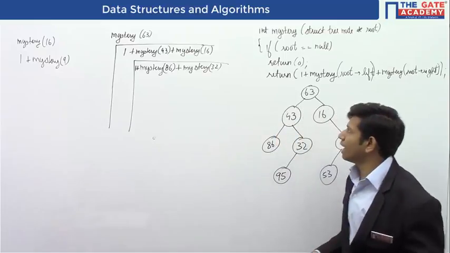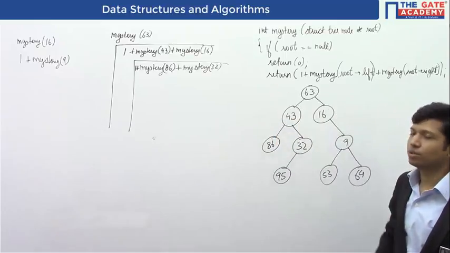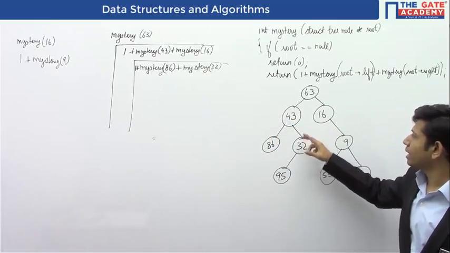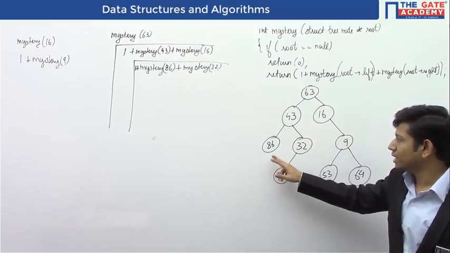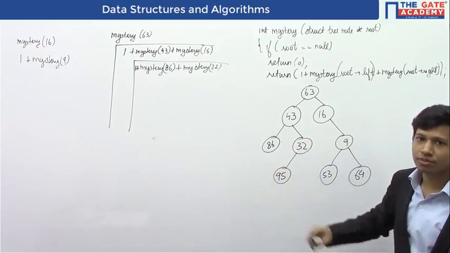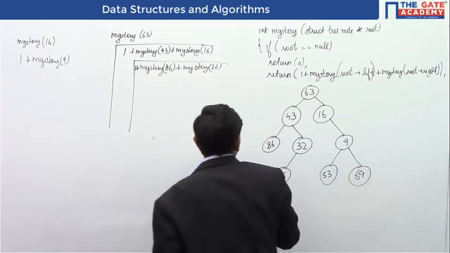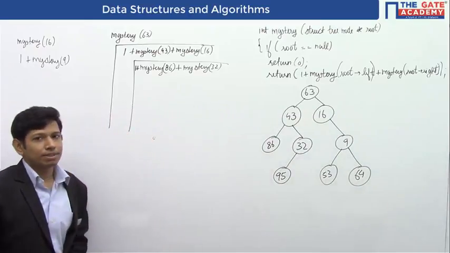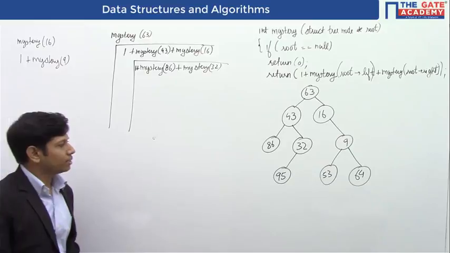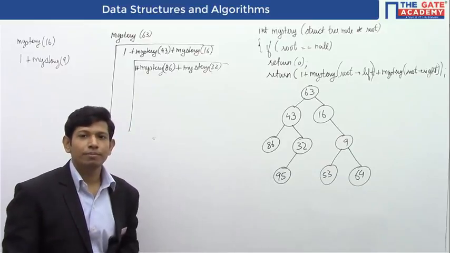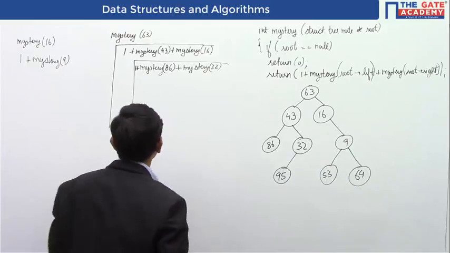Okay, now we have mystery of 86 and 32. What will mystery of 86 call? 1 plus mystery of left and mystery of 9. 1 plus mystery of its left and 1 plus mystery of its right. Since there is no left, no right, it will only be returned by 1.